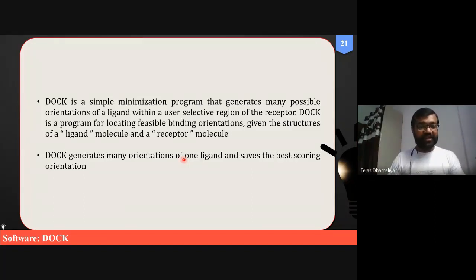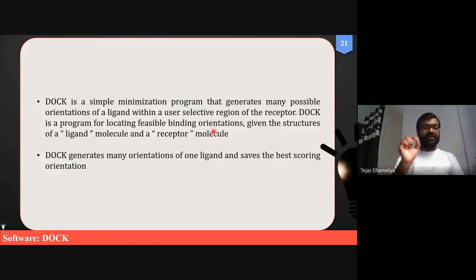So similarly, this software will also generate a number of poses for the ligand and the receptor. It will generate so many poses for the ligand and receptor. As many poses as you ask for, it will generate. If you ask for 10, it will generate 10 poses. If you ask for 50, 25, 16, it will generate that many poses.